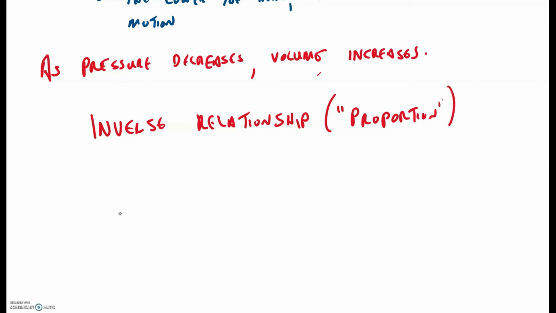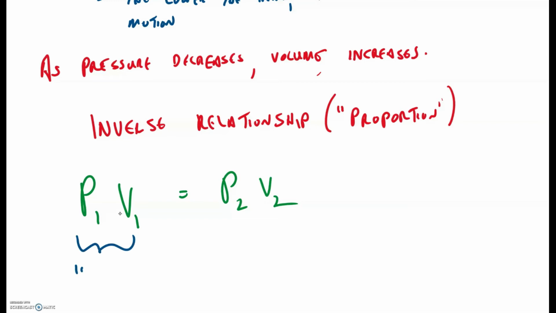And we're going to represent this mathematically with a very simple equation. P1V1 equals P2V2, where P1V1 is our initial pressure and volume, and P2V2 is our final pressure and volume.